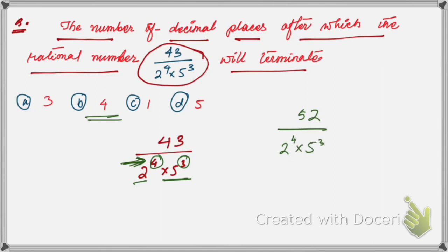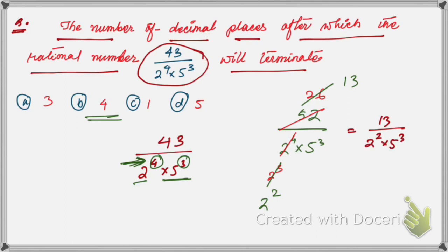So now you see, in this case 2 to the power 4 can be cancelled by 2, and 52 can be cancelled by 2 as well, to the 4 2 6, that is right. Now this again can be cancelled, 2 to the power 2, and here you will get 13. So from this stage you cannot cancel more, right? 13 by 2 to the power 2 into 5 to the power 3.